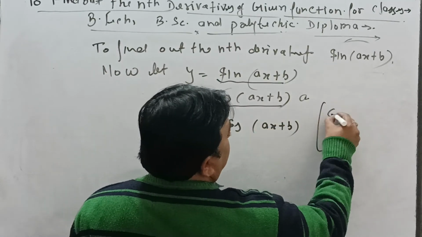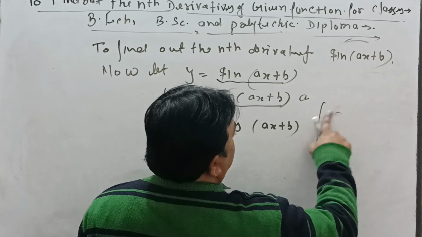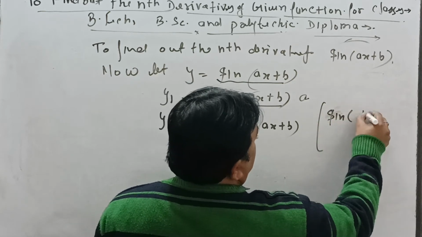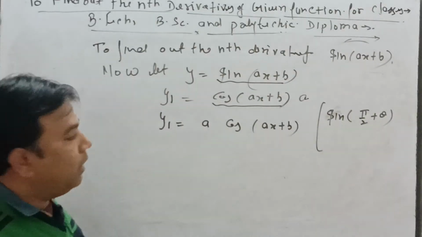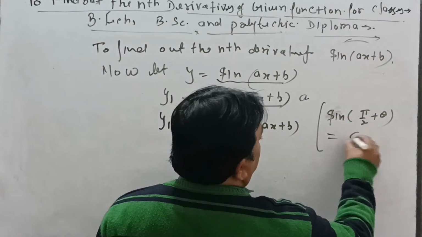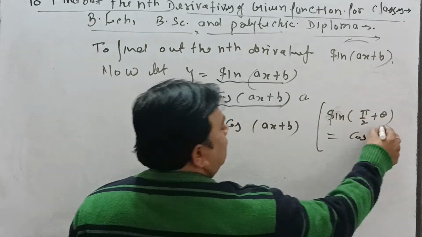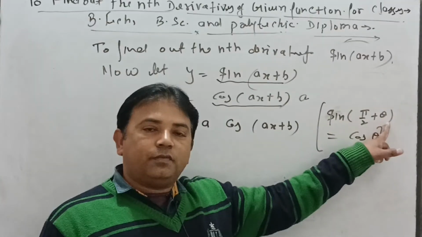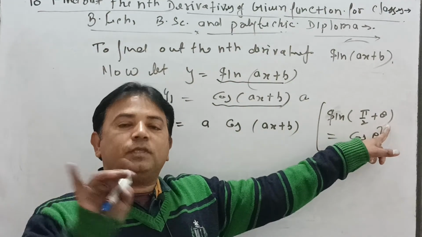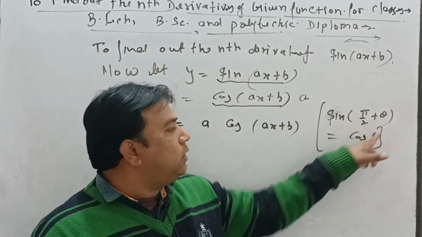We know that sin(pi/2 + theta) is equal to cos theta. You know about the trigonometric ratios: sin(pi/2 + theta) is in the second quadrant, and in the second quadrant sin stays positive, but sin changes into cos theta.